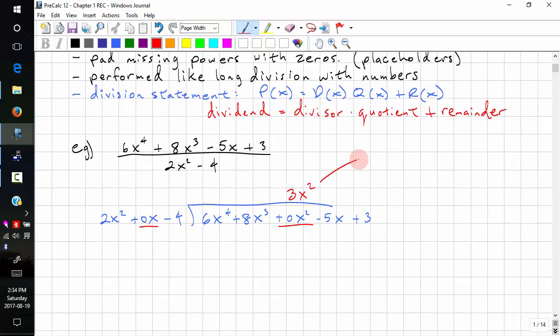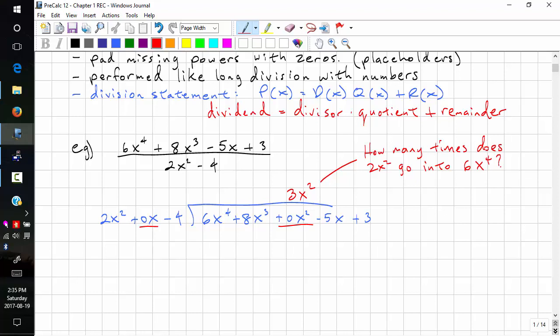And we're asking how many times does 2x squared go into 6x to the fourth? So you should have learned monomials divided by monomials a couple years ago.